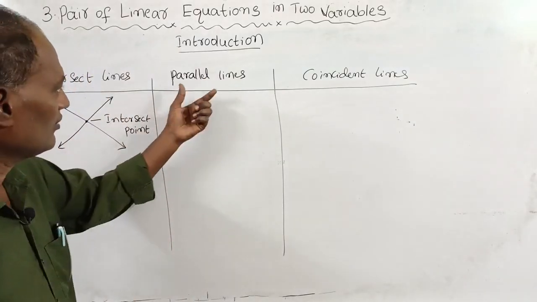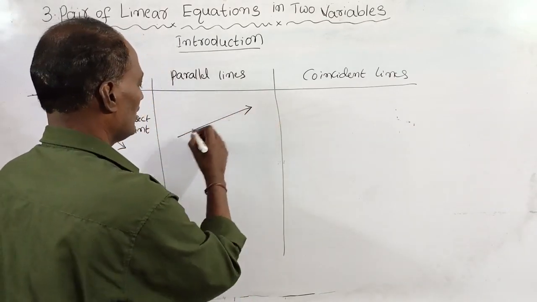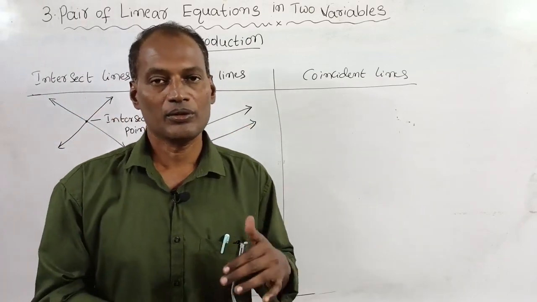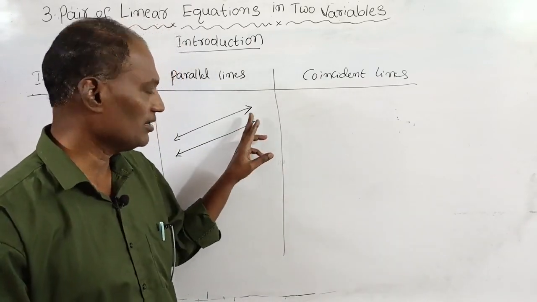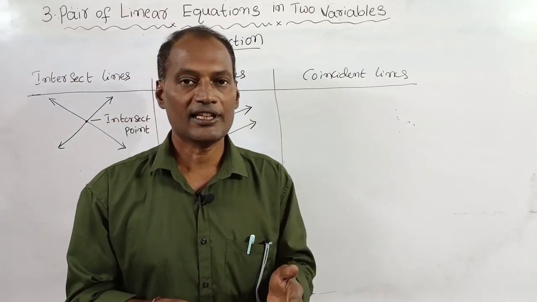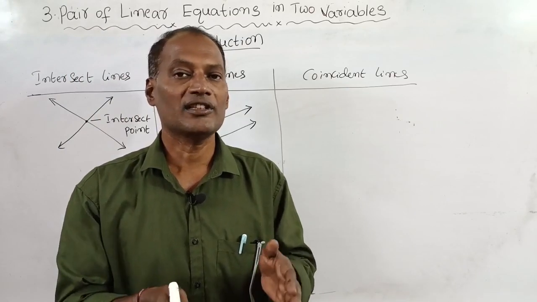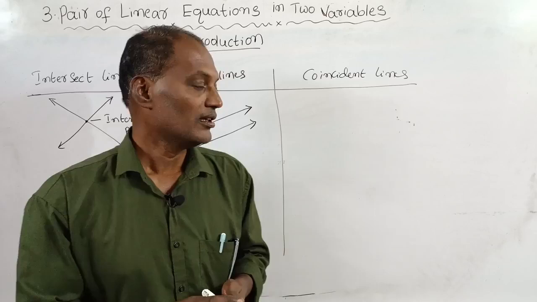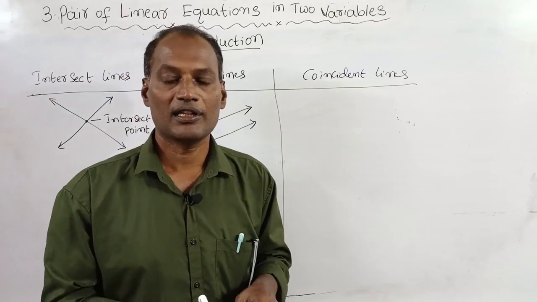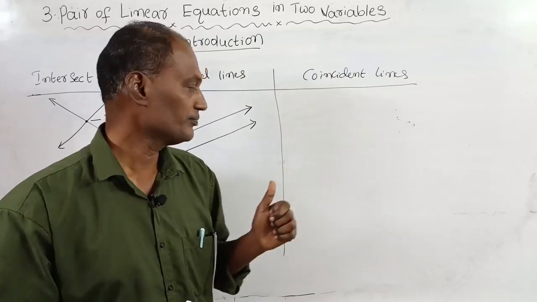What are parallel lines? These are the parallel lines. You can go any long distance, but they don't intersect. For example, in a railway track, the tracks do not intersect anywhere when the train goes on them. That is the best example for parallel lines.